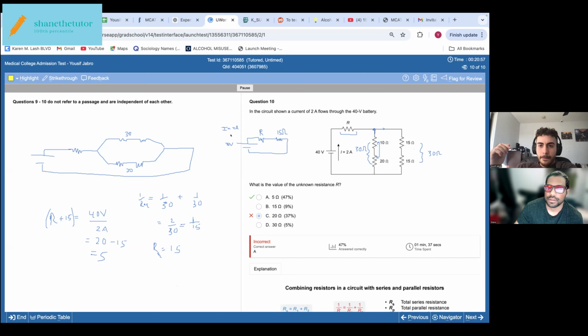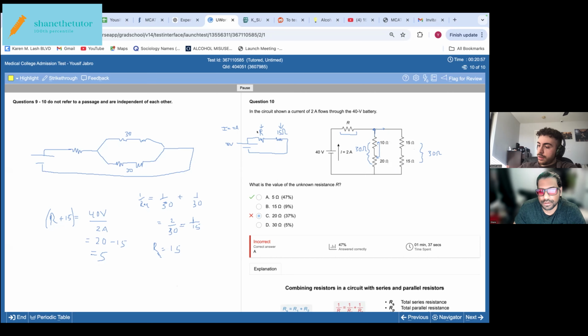So does it make sense that this is in series with this? So you're adding these two, 15 plus this because they're in series.